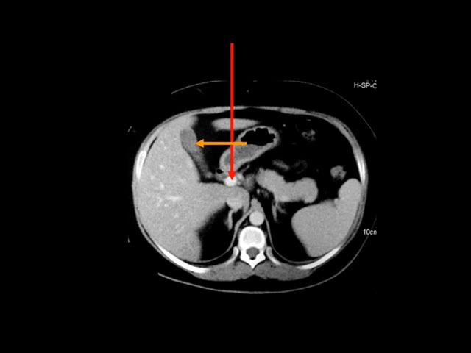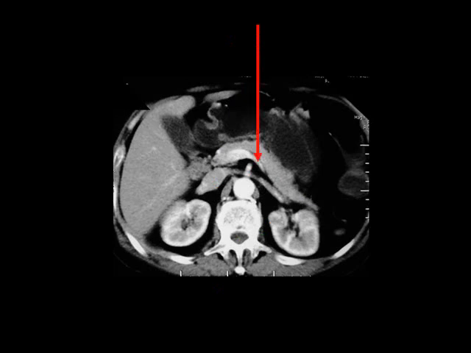Bladder means urinary bladder. Gallbladder. Left suprarenal gland. Diaphragmatic crus. Tail of the pancreas. Very good.